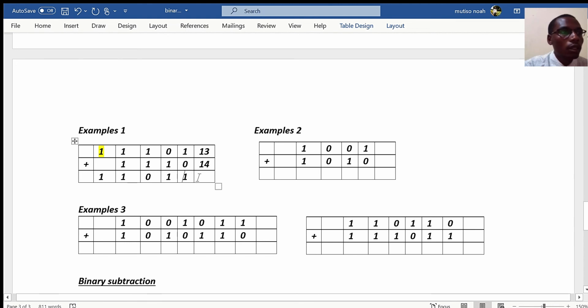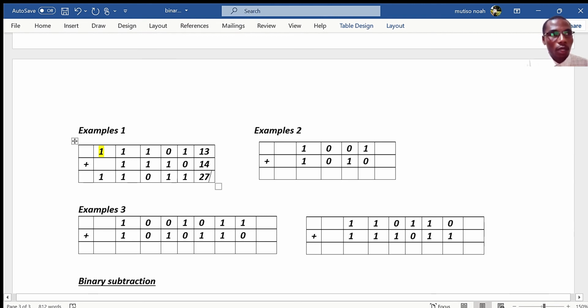This should be 1. 1 plus 2 is 3. 3 plus 8 is 11. 11 plus 16 is supposed to give you 27. Correct? 13 plus 14 is 27. So we have confirmed that our addition is right.